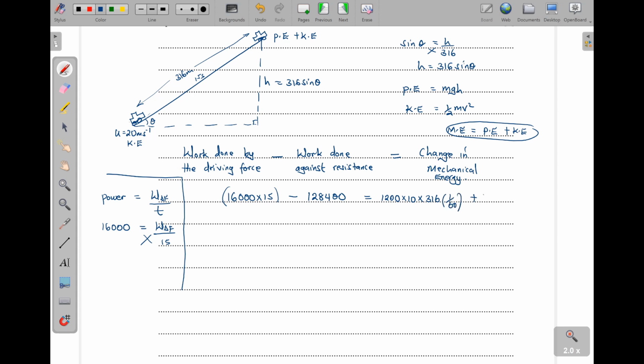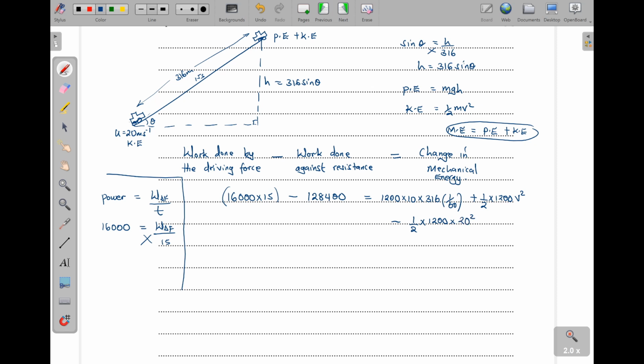Then plus a half, the M is 1200, a half mv squared, and this is the v we are looking for. Then minus, we shall get the initial kinetic energy. So this is final, then minus the initial. Then we shall have a half times 1200, then times the 20 squared.